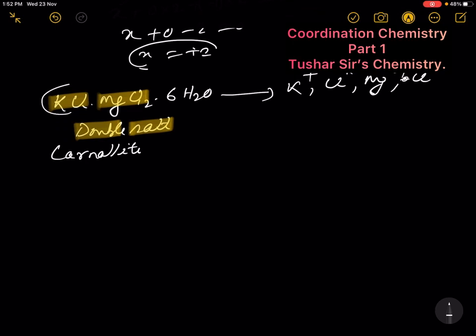However, K4[Fe(CN)6] is a complex compound.